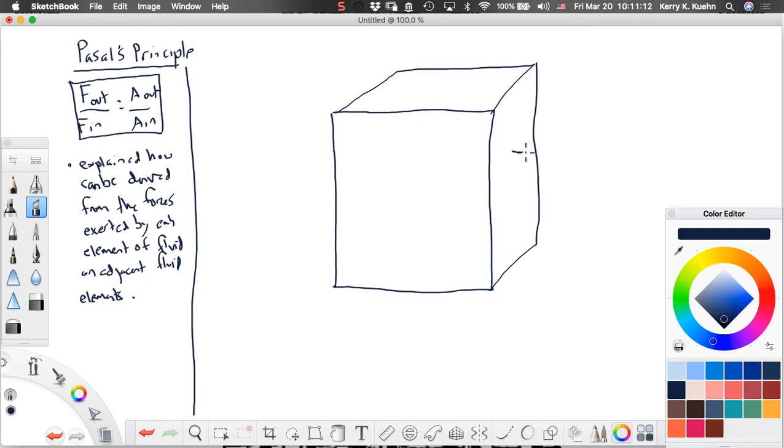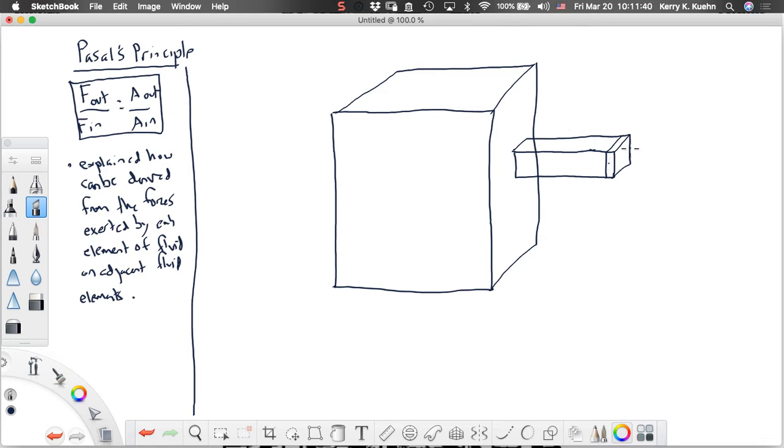And I want you to imagine that there is a square cross-section tube sticking out of this side, like this. And imagine that there is a piston in this side that is able to slide forward and backward.